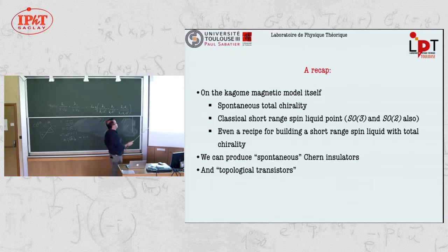This many-couplings Kagome model is very interesting for those who are interested in generating short-range classical spin liquids. And it works to produce either spontaneous Chern insulators or tunable Chern insulators, what I call topological transistors.